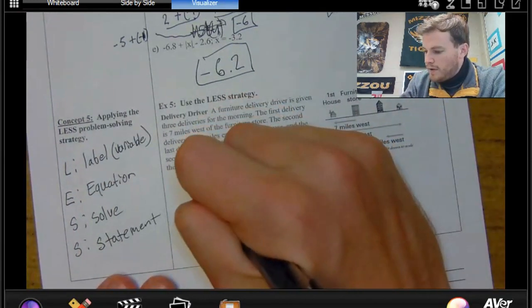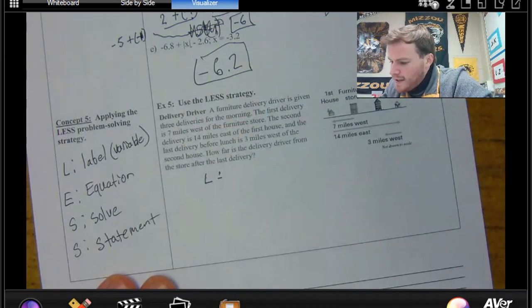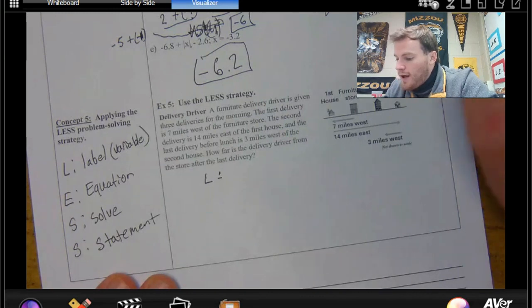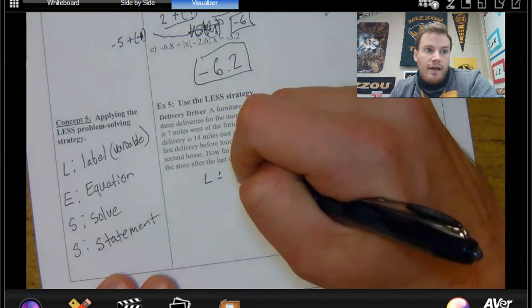If you read the example, it says a furniture delivery driver is given 3 deliveries for the morning. The first delivery is 7 miles west of the furniture store. The second delivery is 14 miles east of the first house. And the last delivery before lunch is 3 miles west of the second house. How far is the delivery driver from the store after the last delivery?